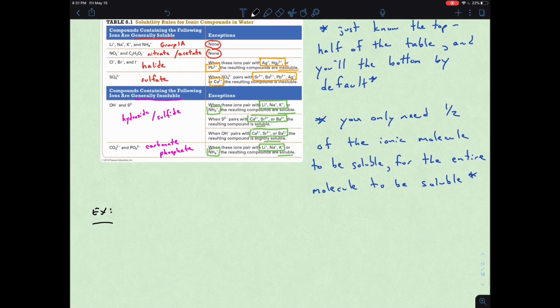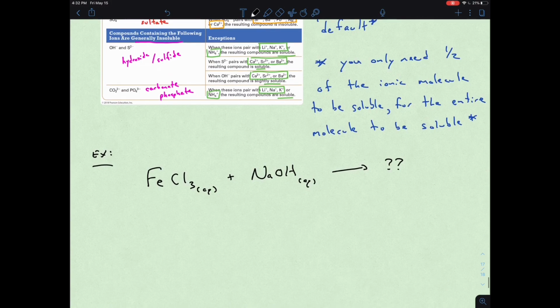And we could use this example of ferric chloride plus sodium hydroxide produces what? So we have to be able to predict the products that we are producing. So step one is basically to split the molecules into their ions.